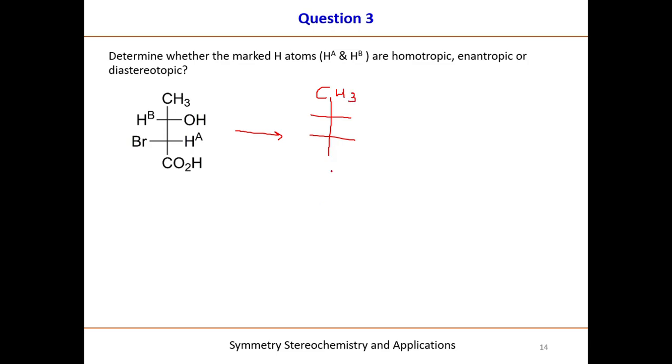Again CH3, CO2H, OH, sorry, hydrogen. A will remain as it is. I am writing here halogen, then bromine. Correct?